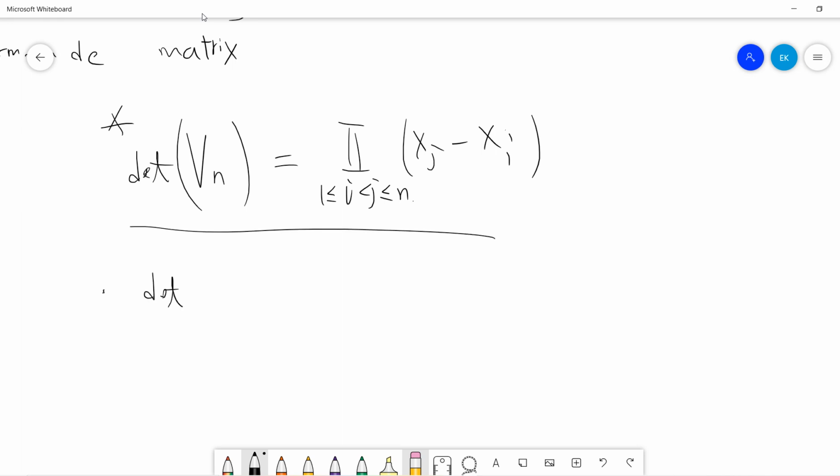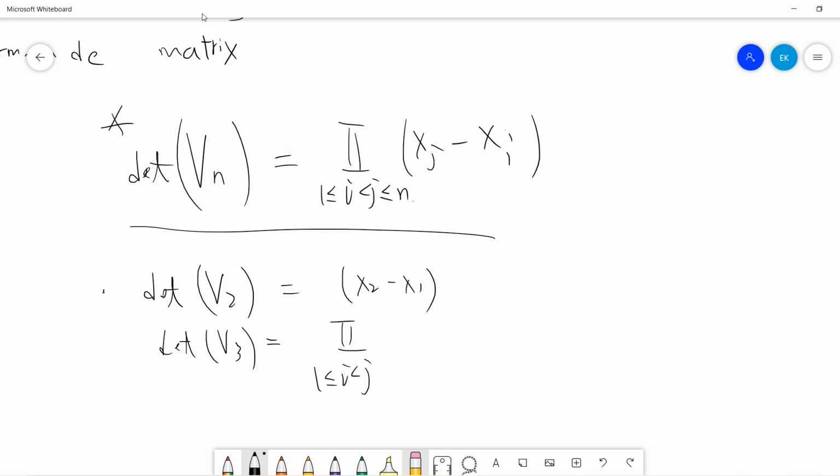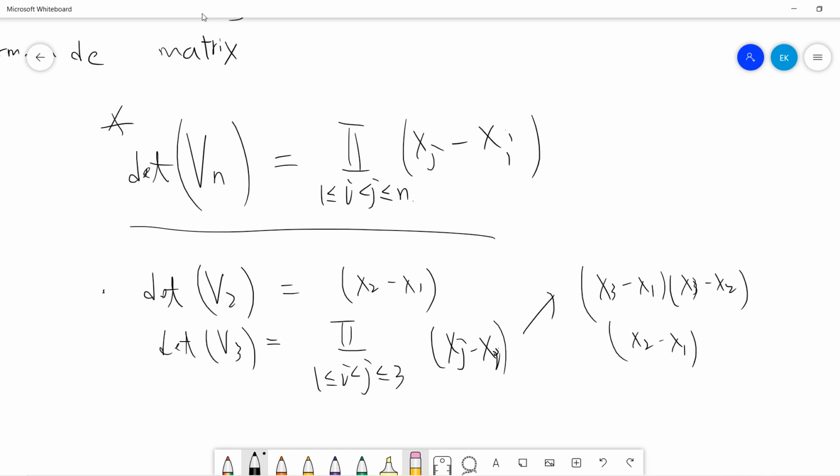Let's quickly check: V2 will be x2 minus x1, since there's only one pair. For V3, you get the product of xj minus xi, so x3 minus x1, x3 minus x2, and also x2 minus x1. That's all you get, which is exactly the same.